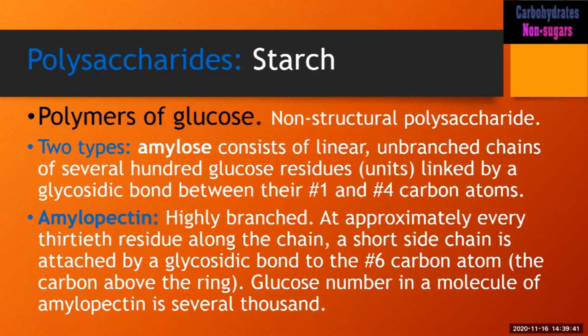At about the 13th residue, there is a side chain. That side chain is short and is also attached by a glycosidic bond, but that linkage is at carbon number 6, the carbon above the ring. The number of glucose residues in a molecule of amylopectin is several thousand.